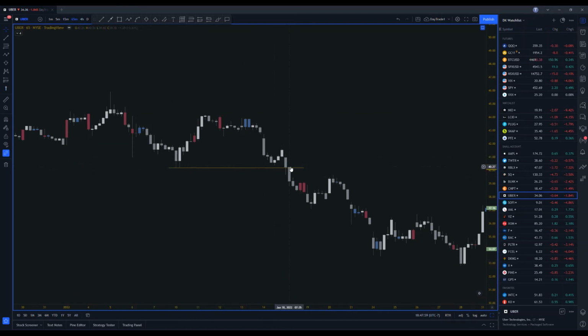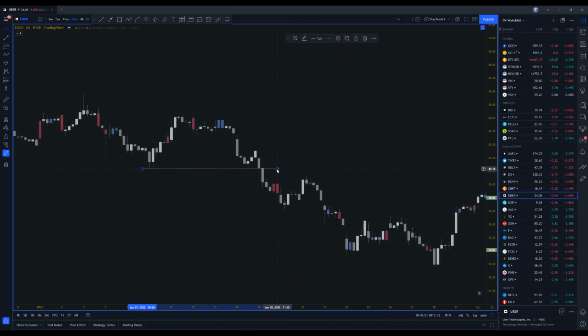Finally it broke to the downside at $40.06 or $40.18, pushed up, tried to retest this area. So again, break to the downside, retest didn't even have enough strength to push all the way up, and then it just continued its downtrend, right? Again, this is the 65-minute.